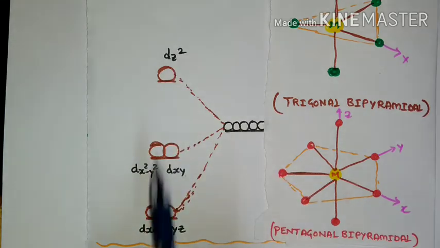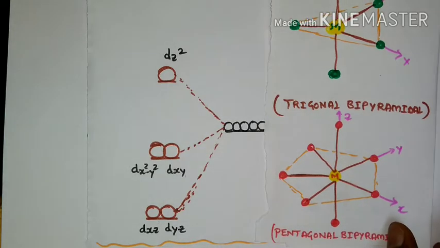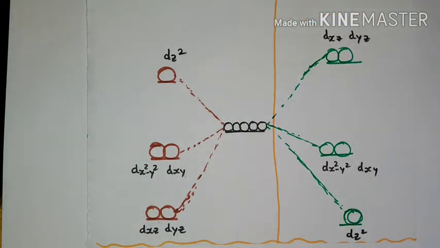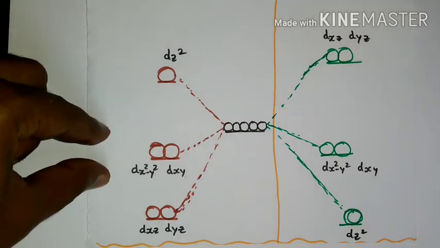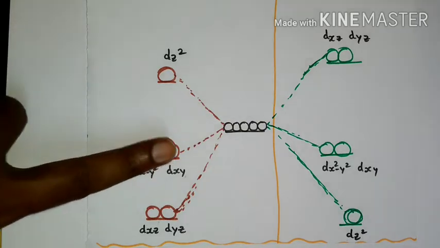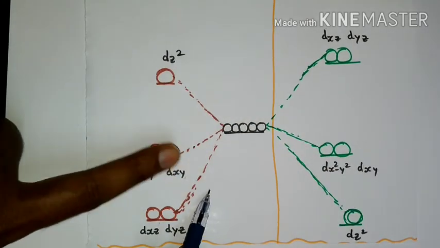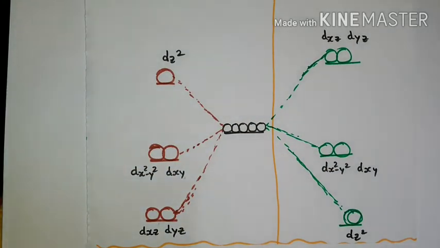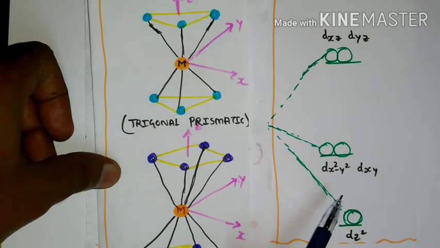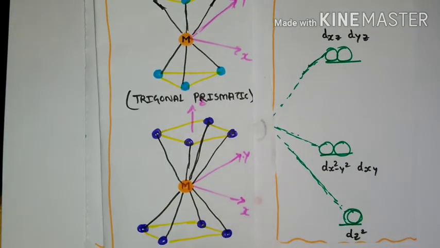So this is the d orbital splitting for these two geometries, that is trigonal bipyramidal, pentagonal bipyramidal. Reverse of this d orbital splitting, that is if I keep dx square minus y square, dxy as the fixed point, and if I reverse these two, then it leads to d orbital splitting of these two geometries, that is trigonal prismatic and square antiprismatic.